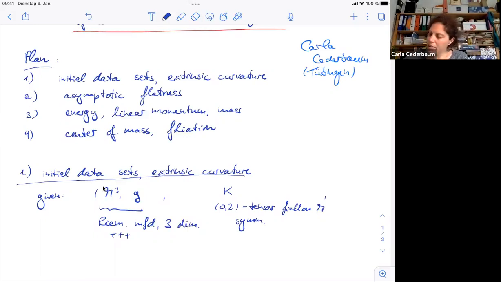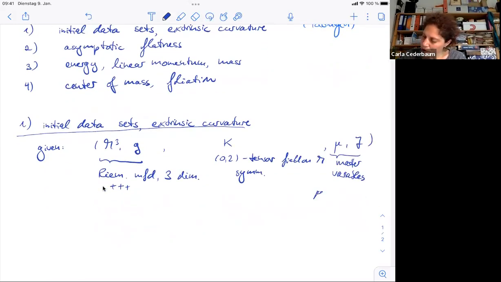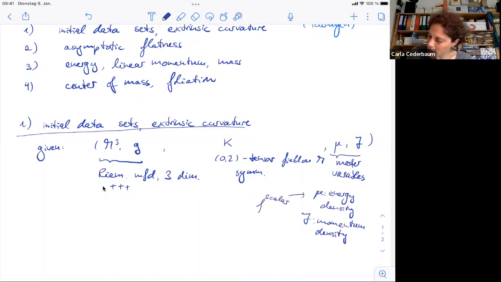And then there will be variables mu and J, called matter variables, where mu is the energy density and J is the momentum density. And mu is a scalar field or scalar function on M, and J is a one-form.